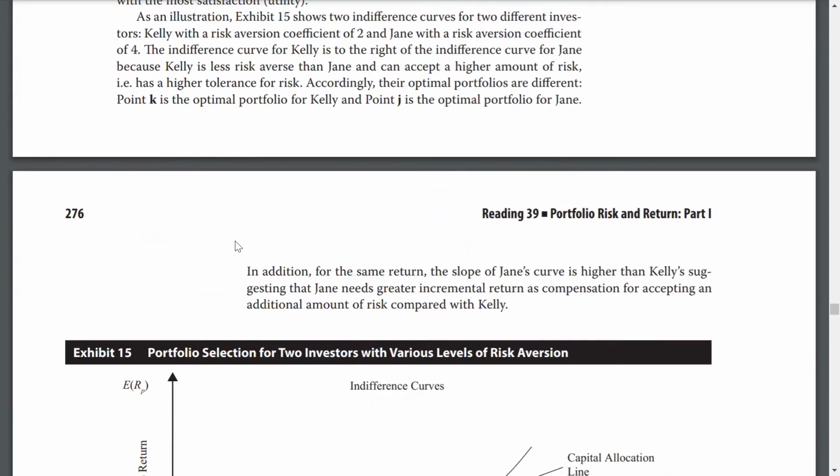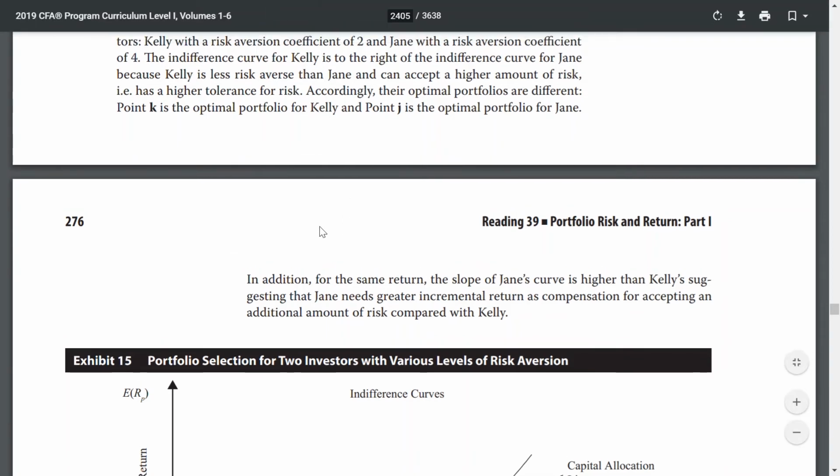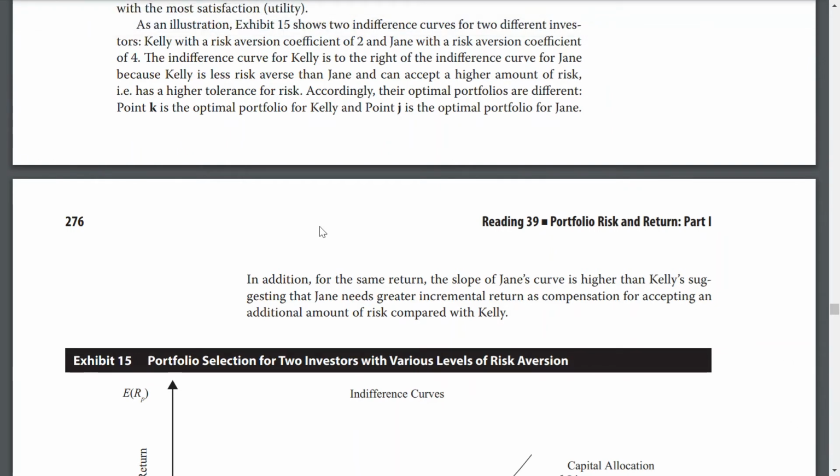As an illustration, Exhibit 15 shows two indifference curves for two different investors: Kelly with a risk aversion coefficient of 2 and Jane with a risk aversion coefficient of 4. The indifference curve for Kelly is to the right of the indifference curve for Jane, because Kelly is less risk averse than Jane and can accept higher amounts of risk. She has a higher tolerance for risk.